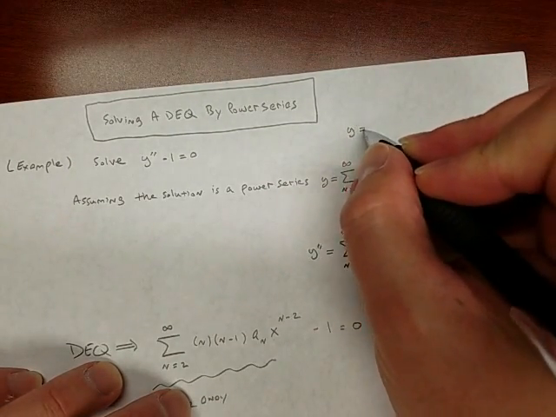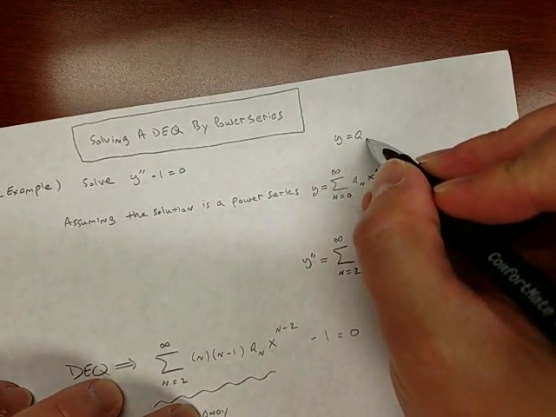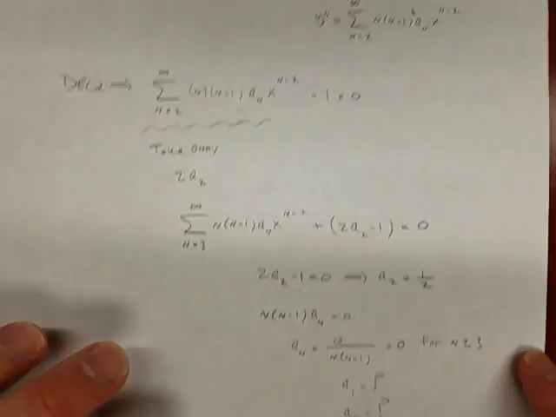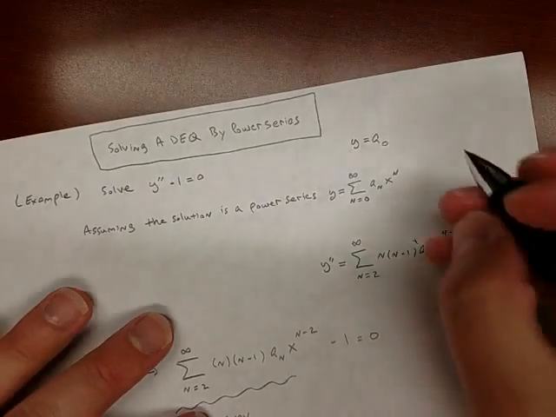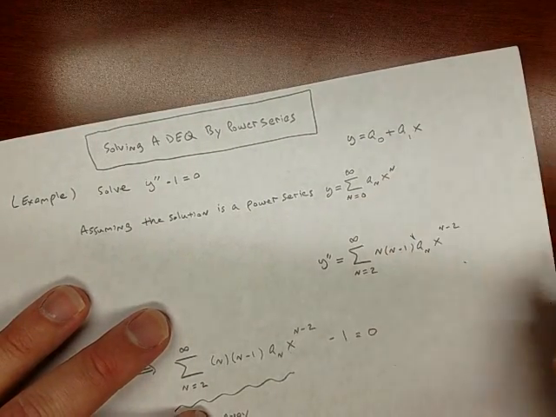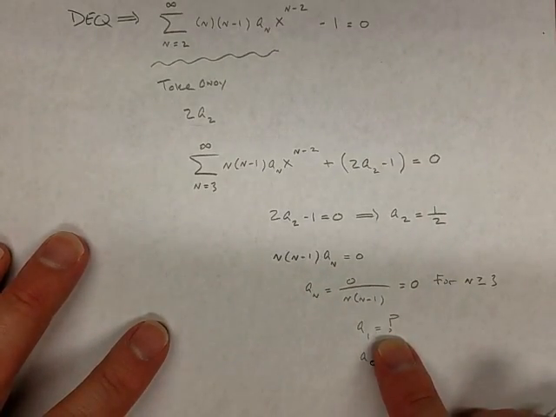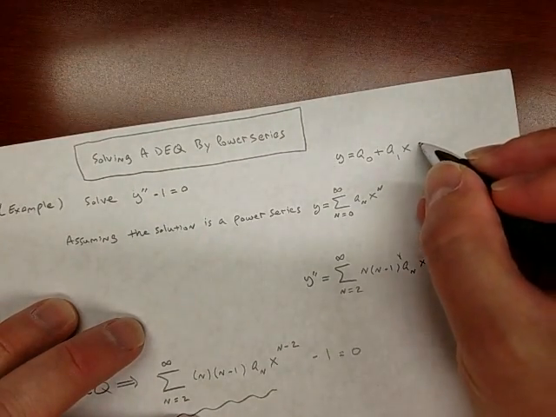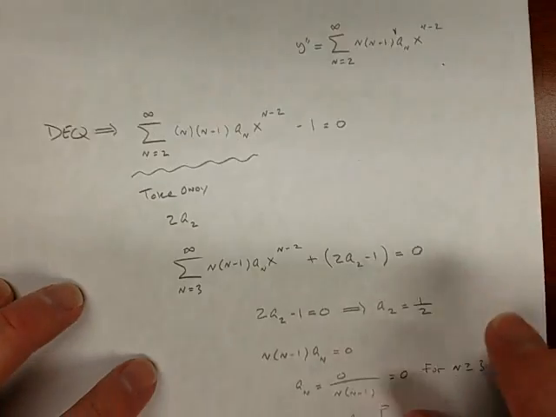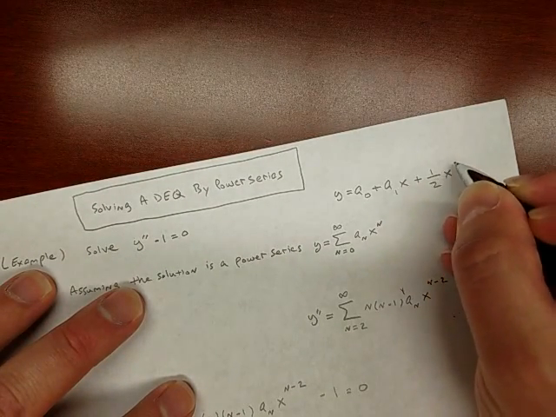What's your solution? Here it is. y is equal to, what's that power series going to be? a naught, I don't know what that is, plus a1 x, I don't know what that is either, plus a2 was a half, so 1/2 x squared.